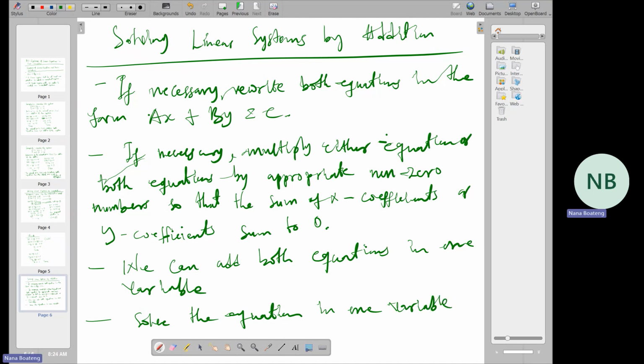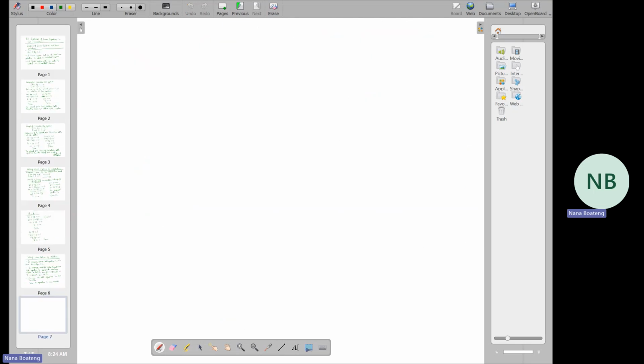And once we solve the equation in one variable, we find the solution for one variable. We can substitute it back into the equation to find the solution for the other variable.